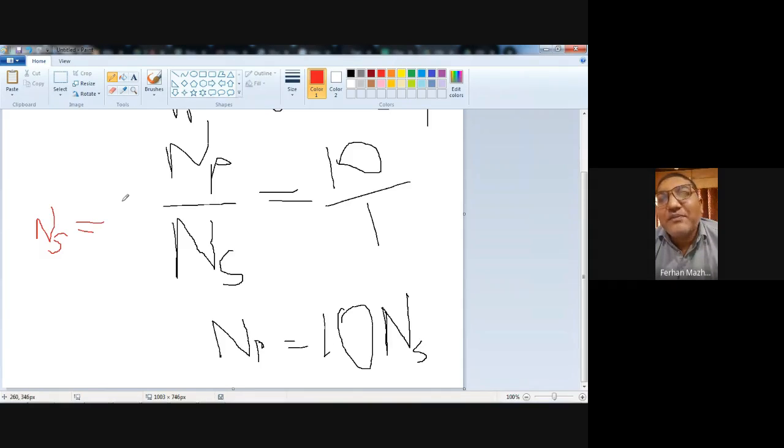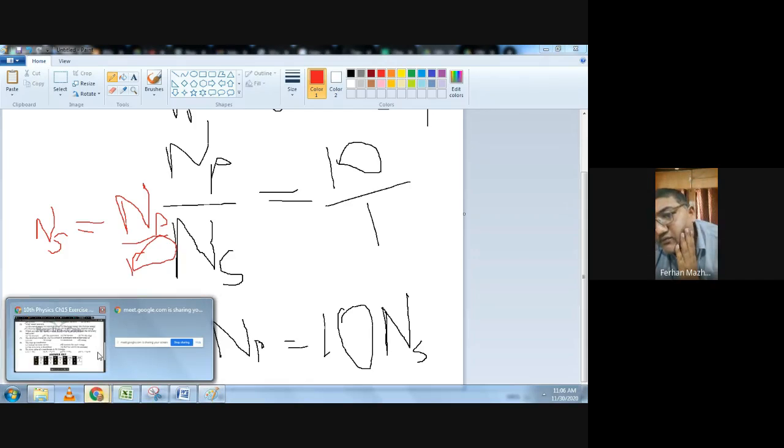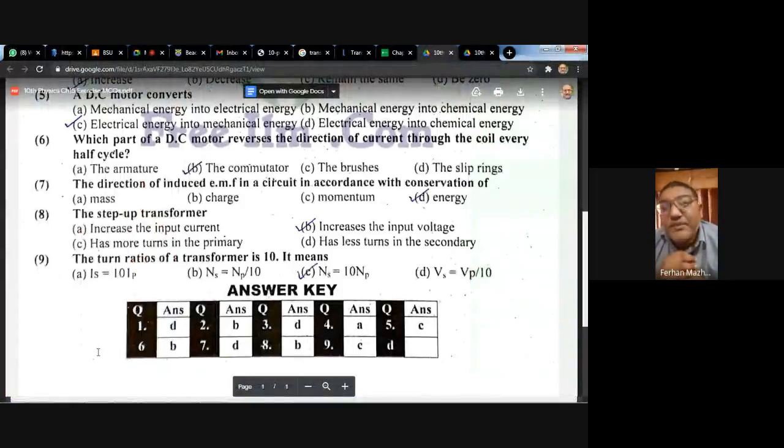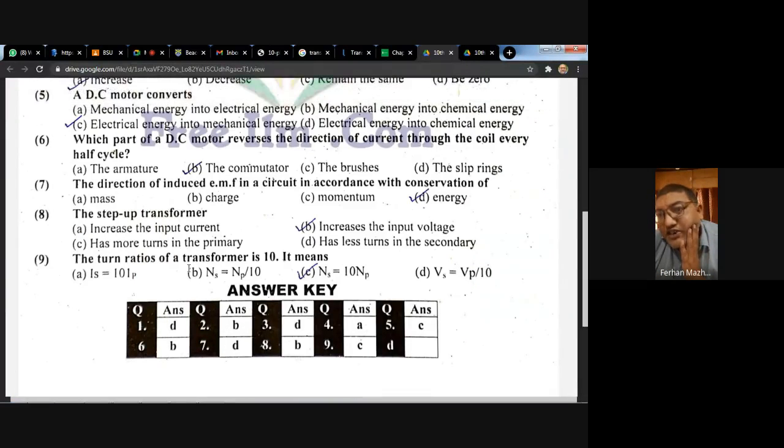So it will become NP divided by 10. NS will be equal to NP divided by 10. I think B should be the choice. Yes, I think B is the choice.